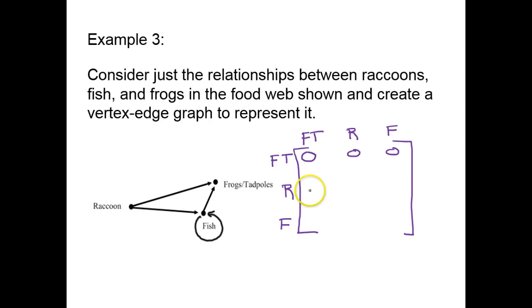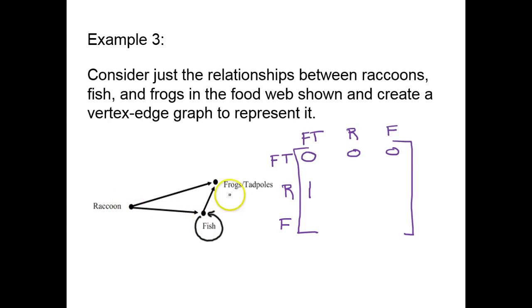Do raccoons eat frogs or tadpoles? Okay, according to this chart, yes, raccoons eat frogs and tadpoles. So we're going to put a 1 right there. This specifically means raccoons eat frogs and tadpoles. It goes in that order. Now do raccoons eat fish?